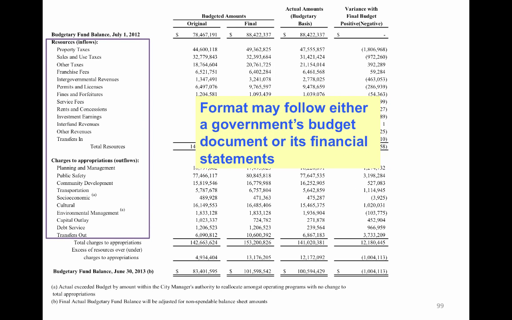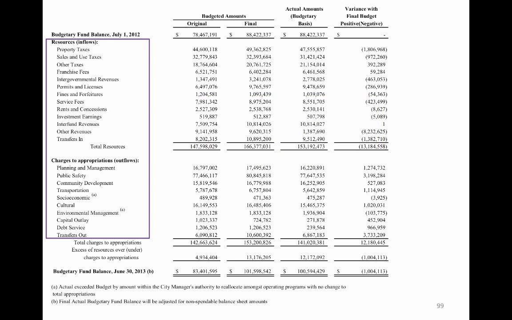The inflows and outflows, or revenues and expenditures, however they're titled, either can be shown using the categories from the government's budget or the categories from the governmental funds statement of revenues, expenditures, and changes in fund balances.